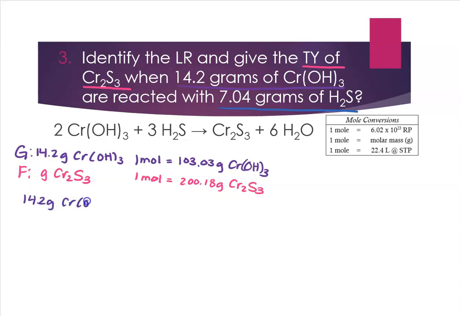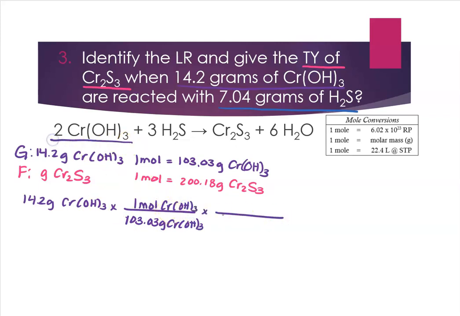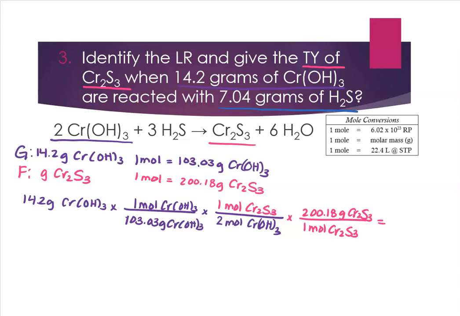14.2 grams of CrOH3 is what we're given, so it's what we start with. Divide by molar mass, 103.3 grams with 1 mole on top. And then we do mole ratio. CrOH3 has a 2 in front of it, so we'll put that on the bottom. And Cr2S3 has no coefficient, so that means it's just 1. And then we will convert from moles into grams, so we multiply by the molar mass of Cr2S3, which is 200.18.